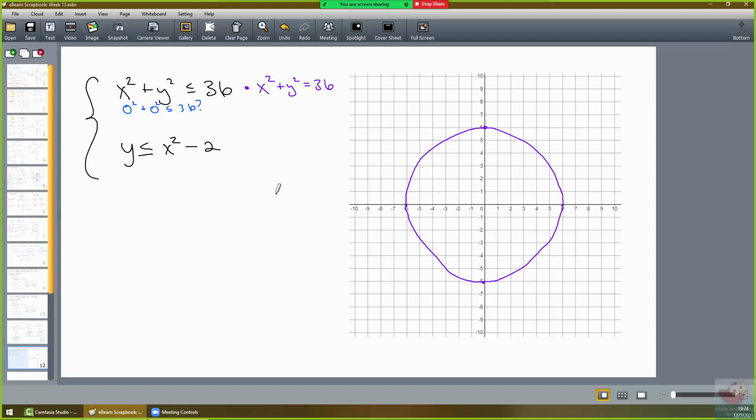Does 0 squared plus 0 squared, is that less than or equal to 36? Yep. So here's the deal. 0, 0 is inside the circle. The point 0, 0 represented all points inside the circle. And we found that all points inside the circle make it true. So you always shade the true part. So we're going to shade inside the circle.